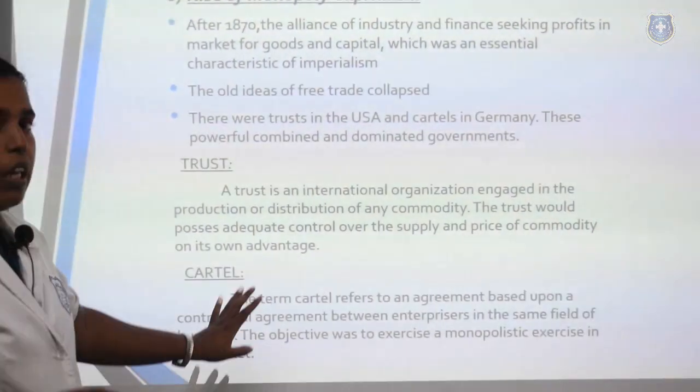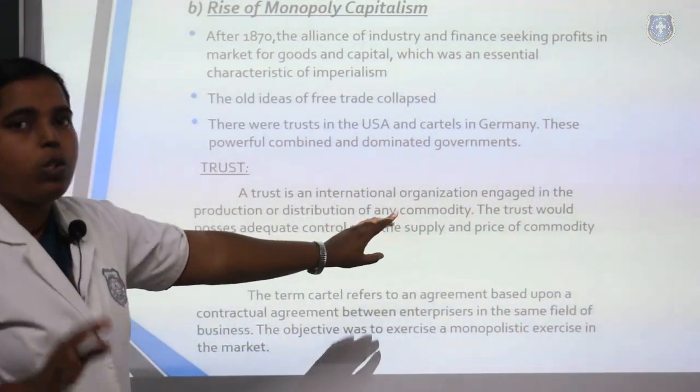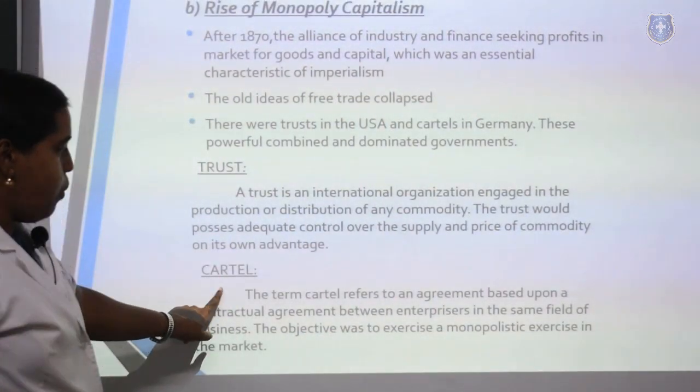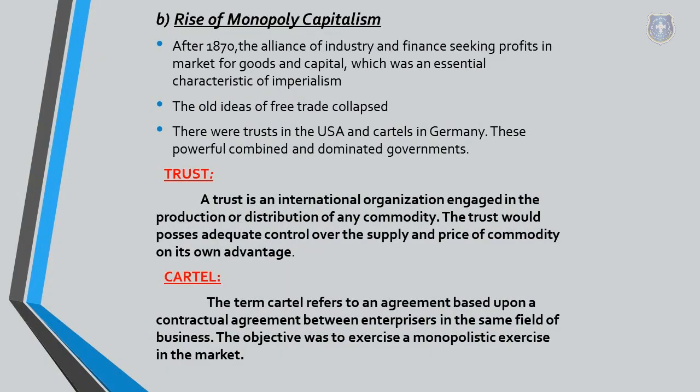And you all know, in the World War, Germany was also a leading country, a major country, and Germany had cartels. A cartel refers to an agreement, based upon a contractual agreement between people of the same field. So here also monopoly was exercised.